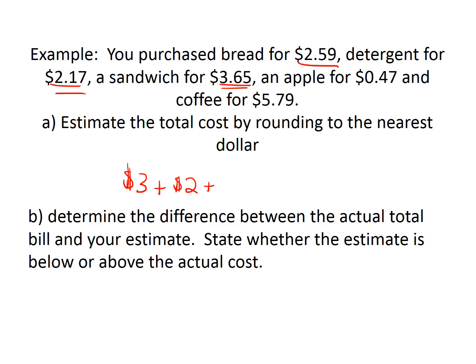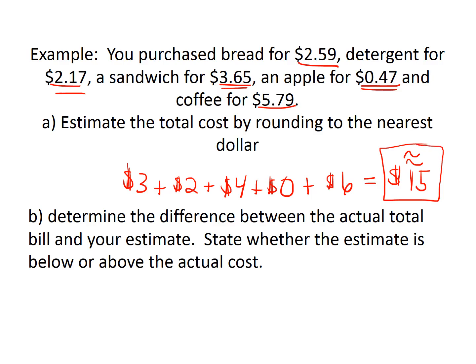The third one would round to $4. 47 cents is less than 50, so it would actually round to $0. And coffee at $5.79, that will round to $6. If you add all that up, it looks like the approximation is $15. So actually, we should use a squiggly for approximately $15.